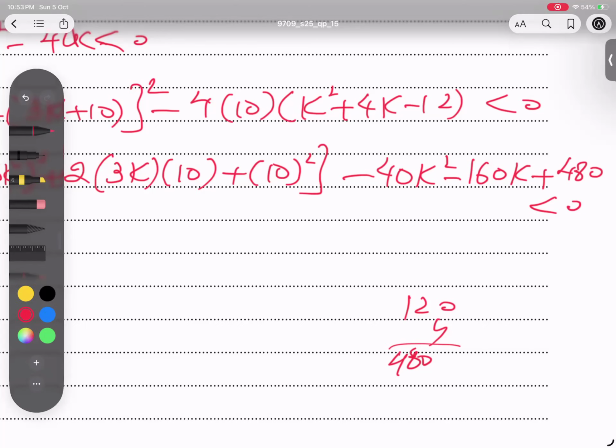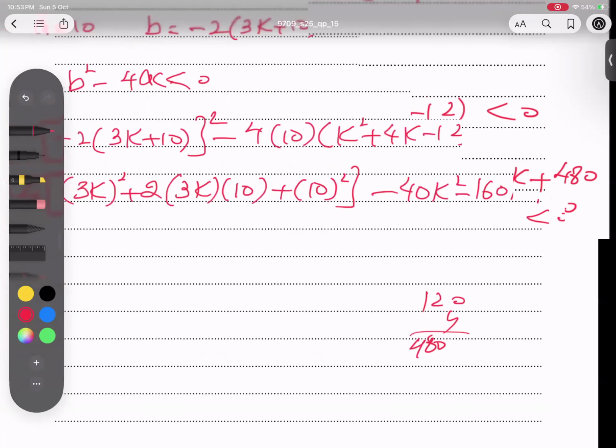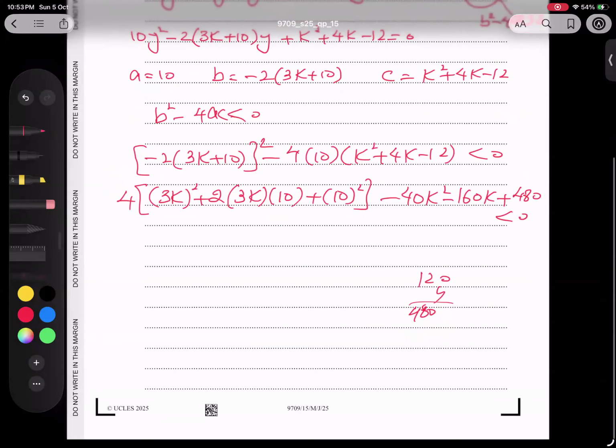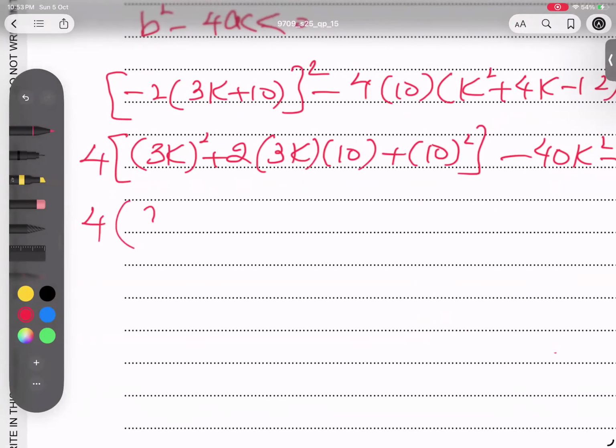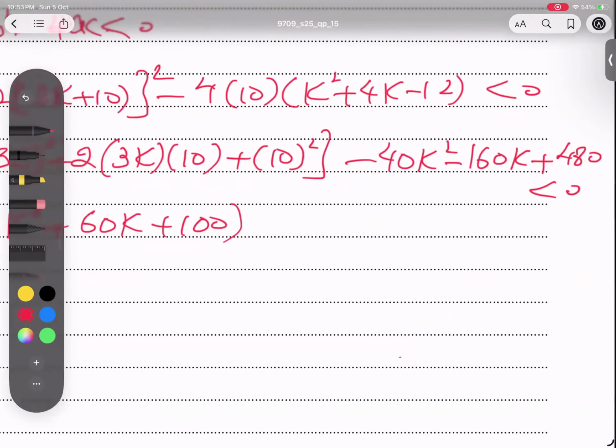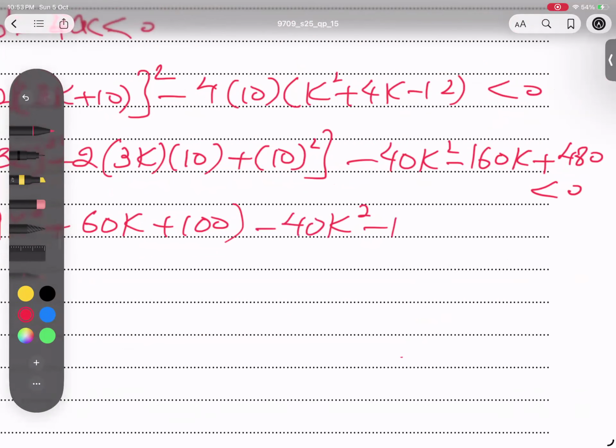Okay, what to do afterwards? Now reshuffle. First open the inside: 9k to power 2, 60k, and plus 100. Here negative 40k squared, negative 160k, and plus 480 less than 0.